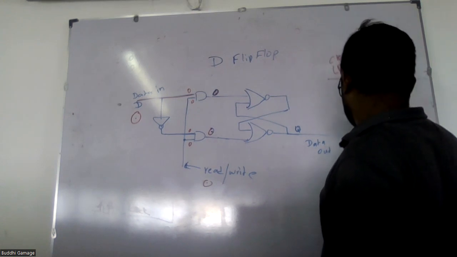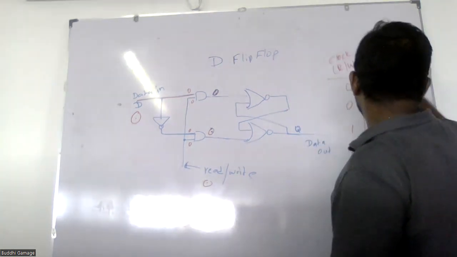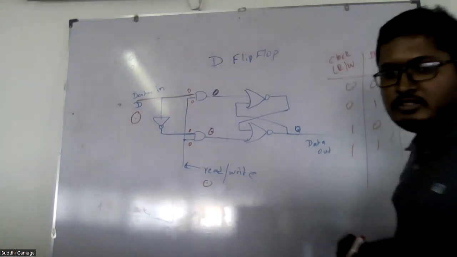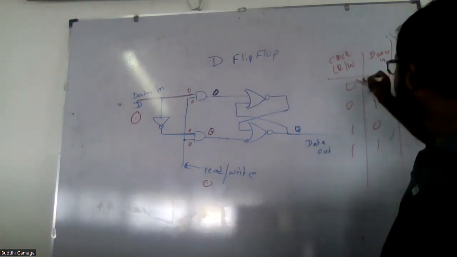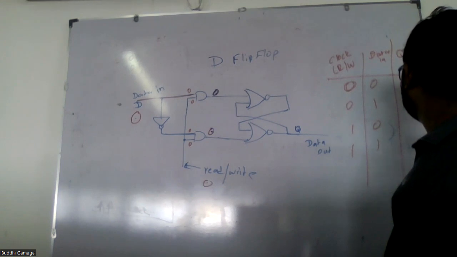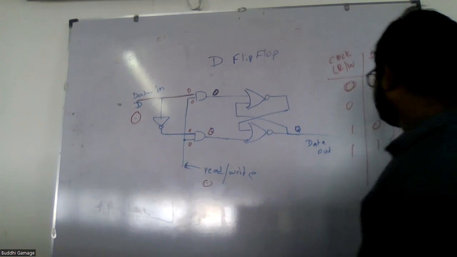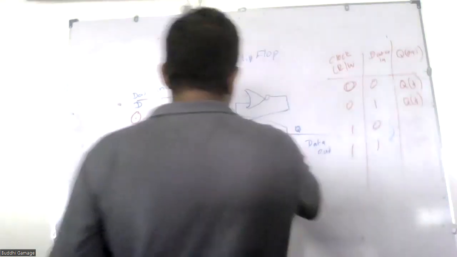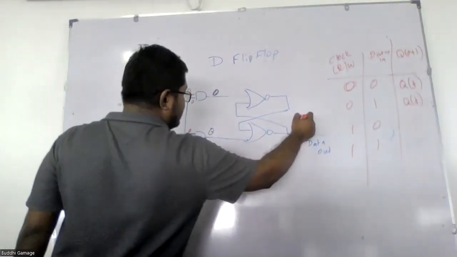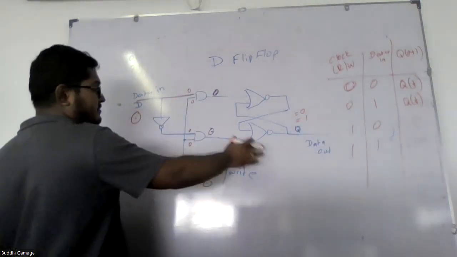In both these cases, at t plus 1, the clock is 0, so the output will be the previous output, right? No change, because both are getting 0, 0. Let's say Q is 1, so the output is 1. If it is 0, the output is also 0. That means no change.